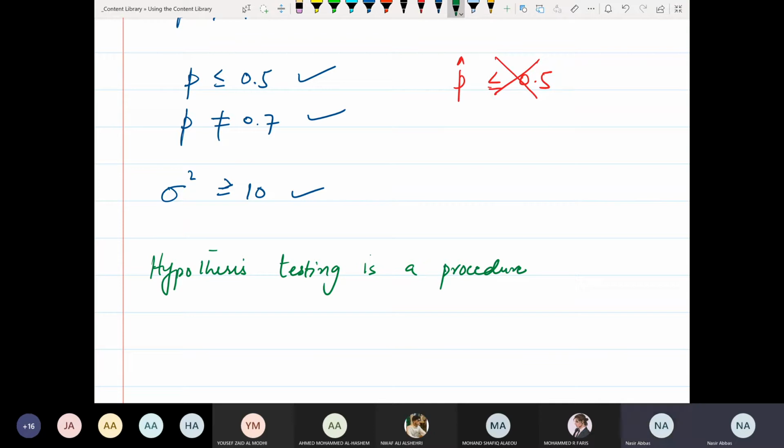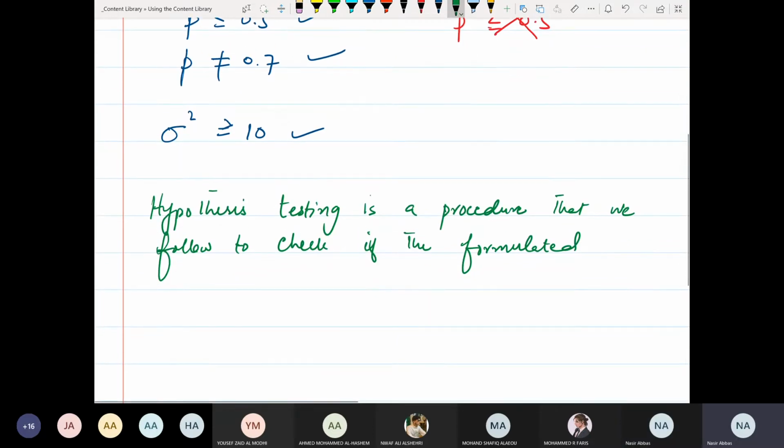So I would say hypothesis testing is a procedure or a set of steps that we follow to check if the formulated hypothesis is true or not. So the first thing we will do is we will formulate the hypothesis.